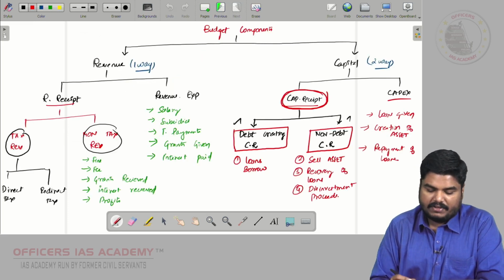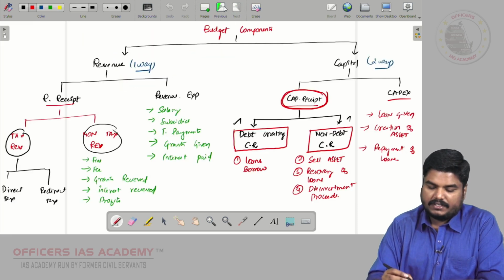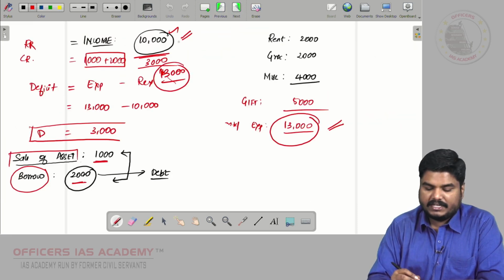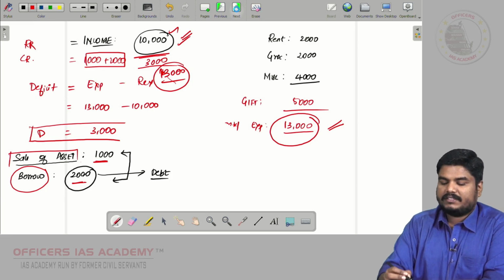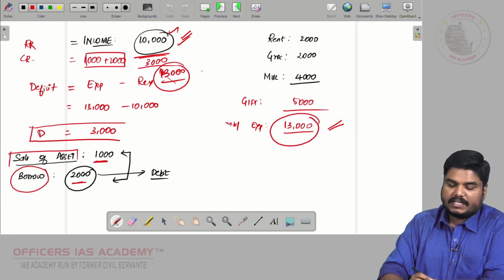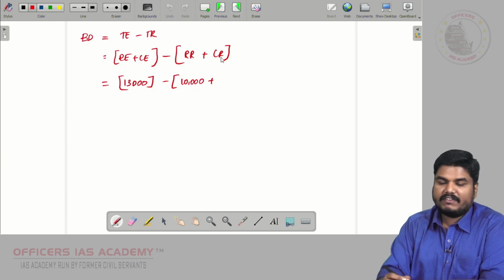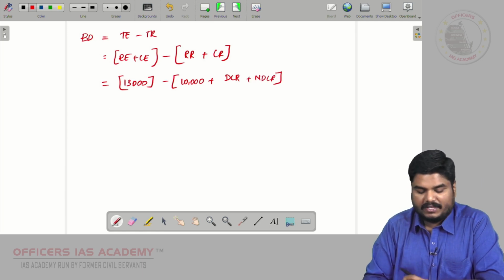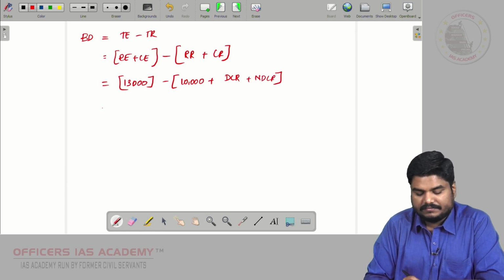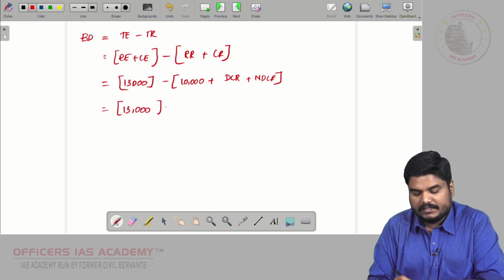Now what is my revenue receipt? It is 10,000. Plus what is my capital receipt? I am further dividing that into debt-creating capital receipt plus non-debt-creating capital receipt. So 13,000 minus 10,000.